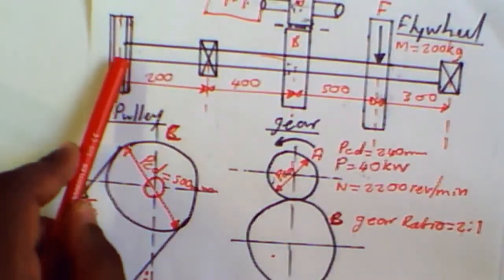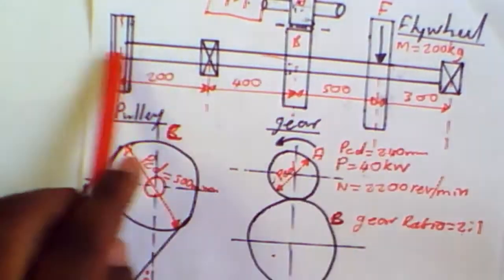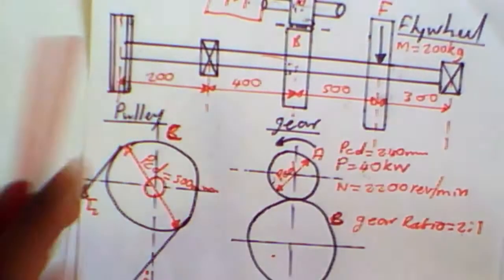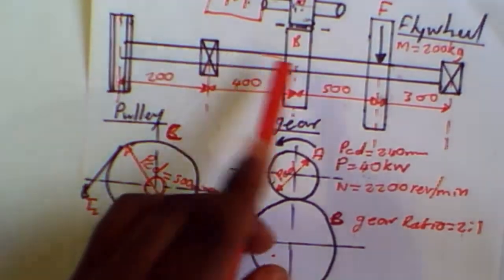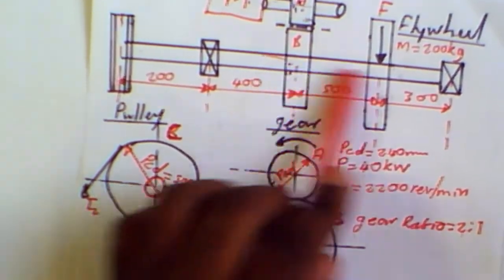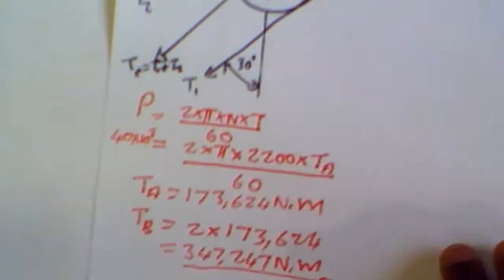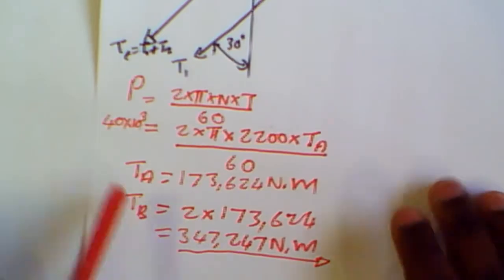So it would mean that now the torque over here, the torque on this shaft here, would then obviously be the torque at B. So the torque over here is the same. So therefore, I know what the torque at B is. We have calculated it there.